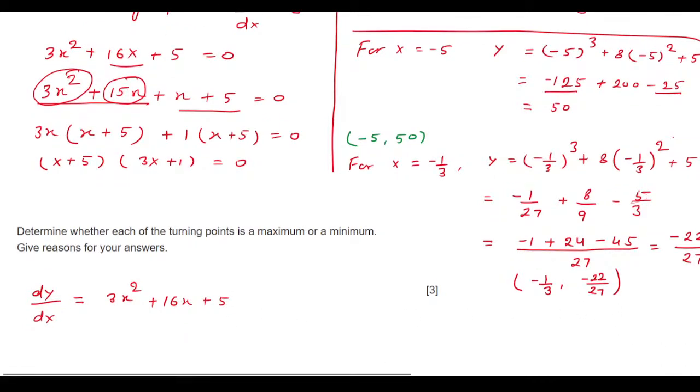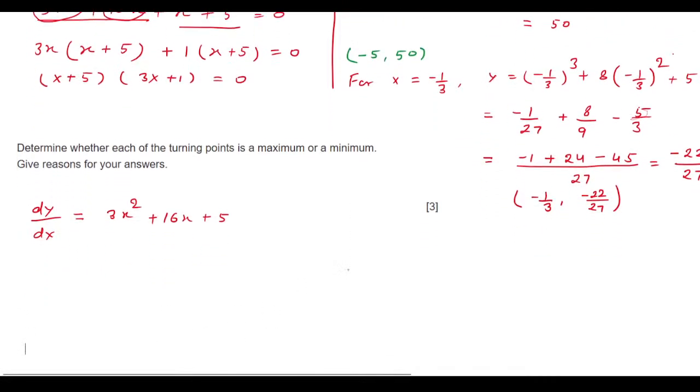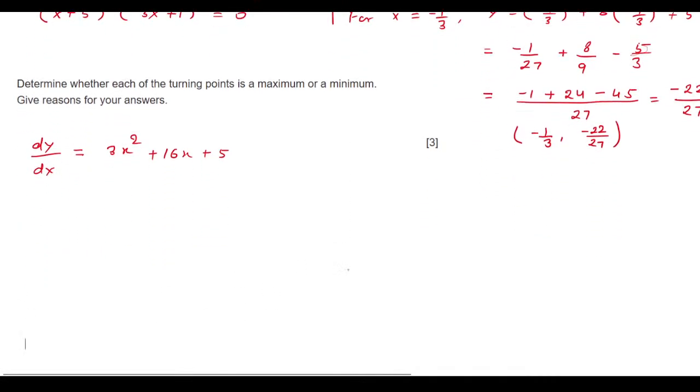I will calculate the second derivative. To understand whether the turning point gives me the maximum value or the minimum value, we check the second derivative. So d squared y upon dx squared will give me 6x, since the derivative of 3x squared is 6x, plus derivative of 16x is 16. So the second derivative is 6x plus 16.